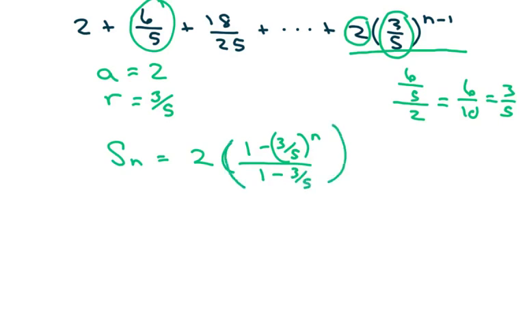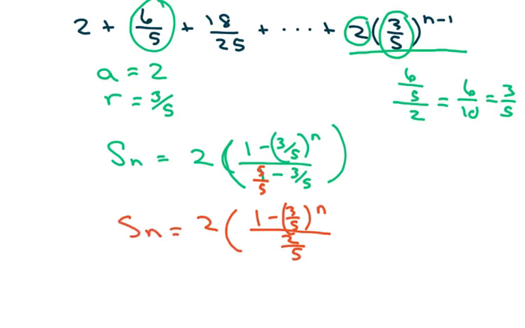Now, you can go ahead and write this one as 5/5. So this would be 2 times 1 minus 3/5 to the nth over 2/5. Now, I'm going to go ahead and take care of this part.